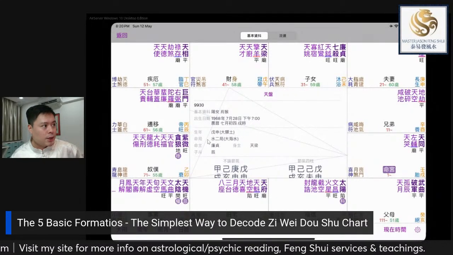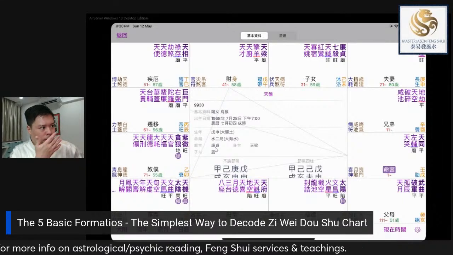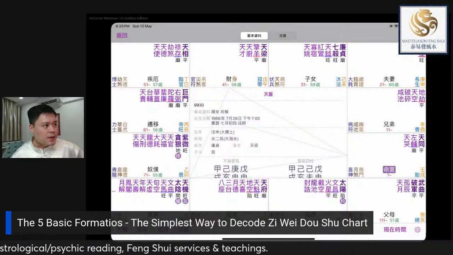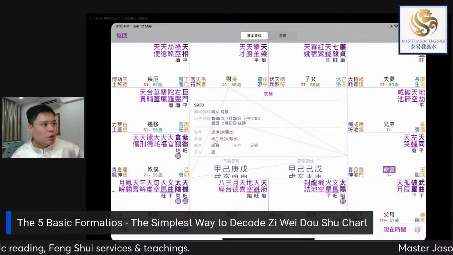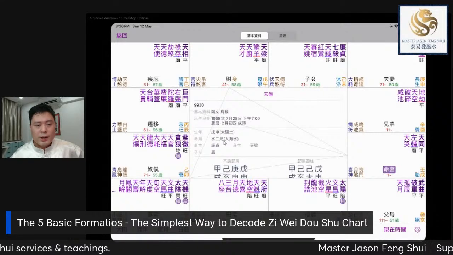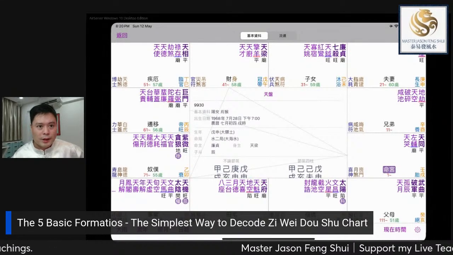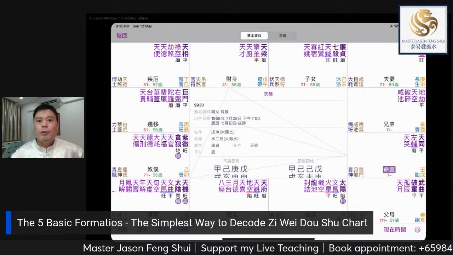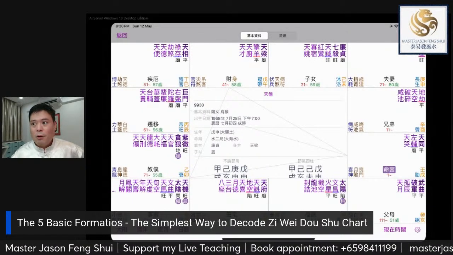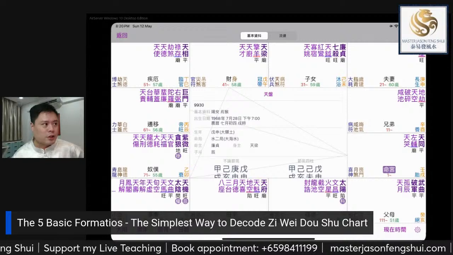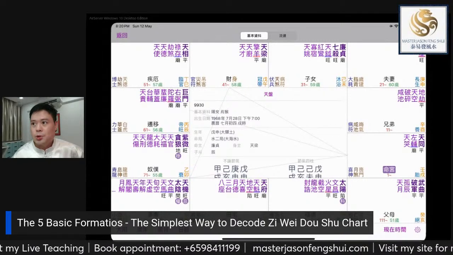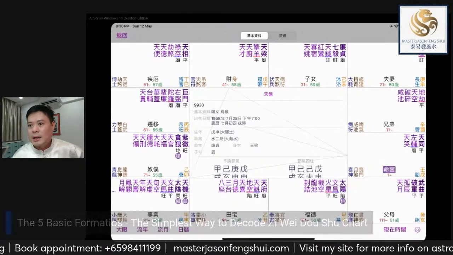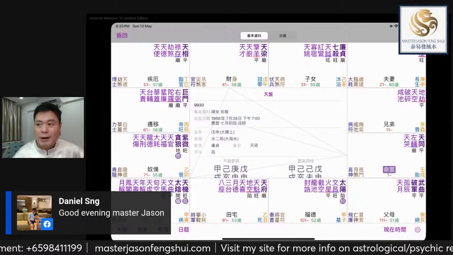For example, this person is having this 水二局. Of course, subsequently, they will have a certain kind of description like 大海水 or different kinds of water, but you will learn that later. First of all, just learn about the formation first. Like this person is 水二局, so you can subsequently tell a lot about the person's characteristics.